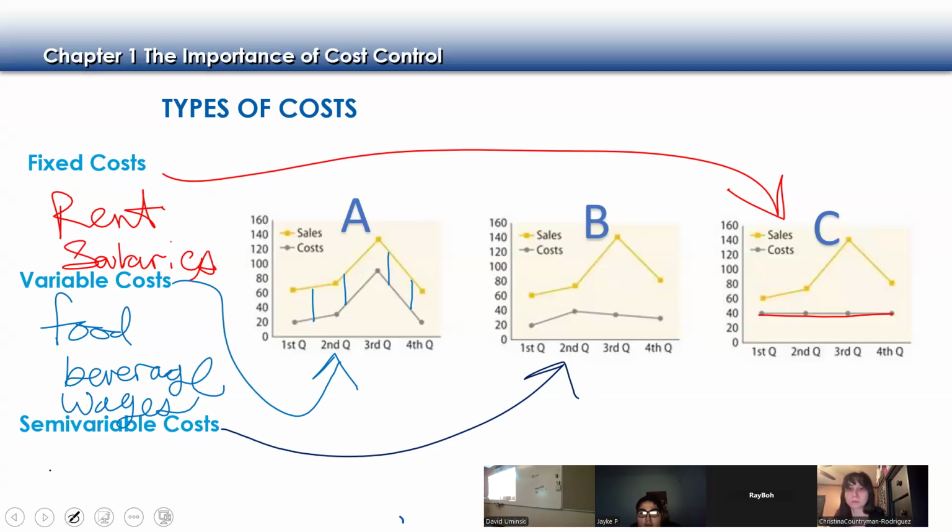And this one is what we include labor. So semi-variable includes labor, which is wages and salaries put together, right? So semi-variable has aspects of variable and also aspects of fixed costs. That's why it's semi-variable. Okay.